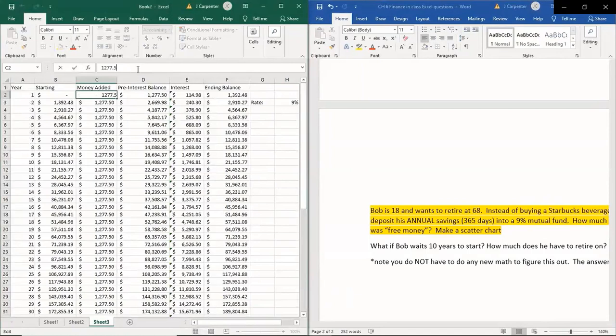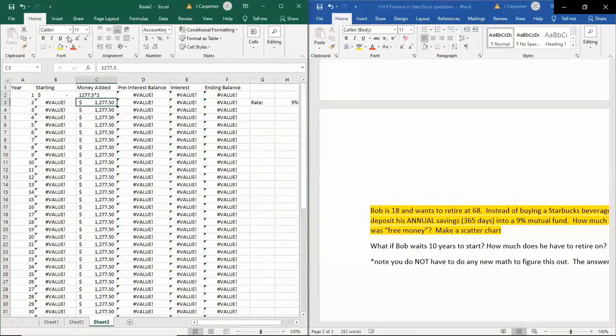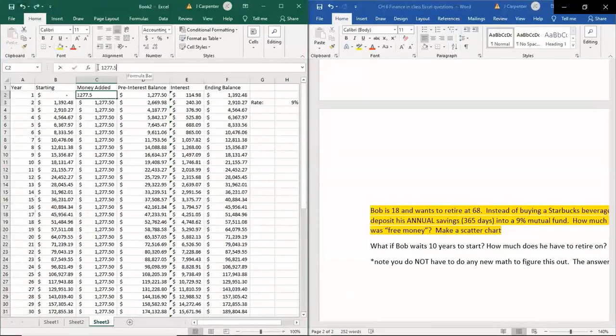So let me just do times 2 here. Oh, that didn't work right because it's not in equals. I did that intentionally. So if I'm going to go equals, and then 2 times that, that makes me put away $2,500 every year. Now, instead of doing that formula, let me just do it as 2,500.